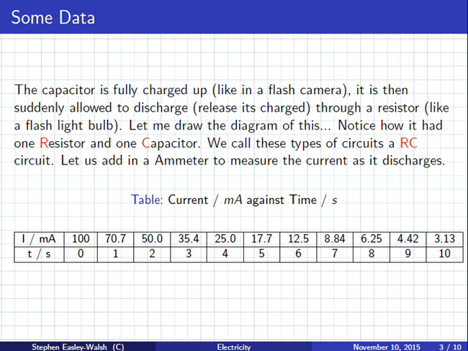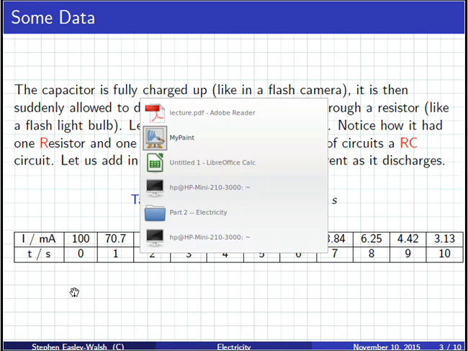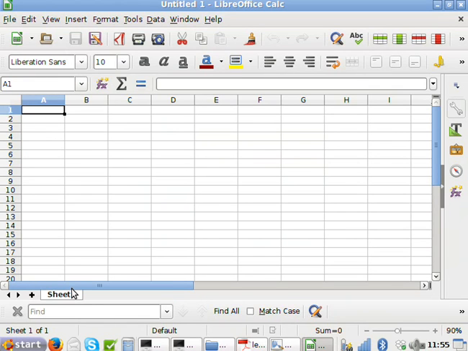Now also, by the way, notice, look here. This is a capacitor, and this one here, what's this one? It is a resistor. We have one resistor and one capacitor. So we call these an RC circuit.